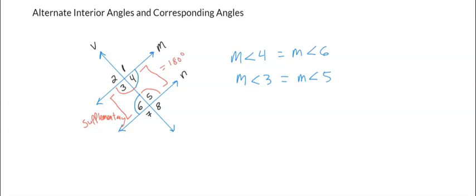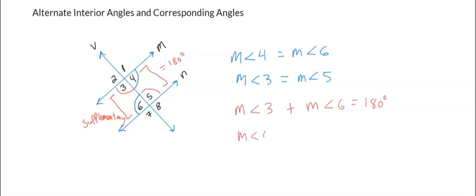So these are equal to each other, while the measure of angle 3, and see, we put this one plus, that way it could be clear, plus the measure of angle 6 equals 180 degrees.